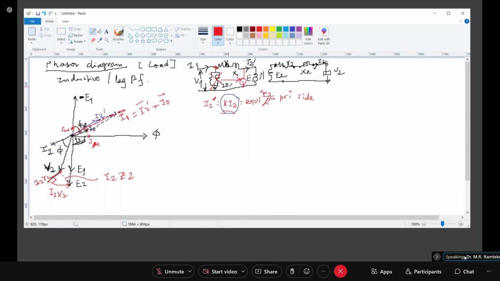Just so now can you do it on primary side? Similar method as we did for secondary side. Can you do? I hope you can.